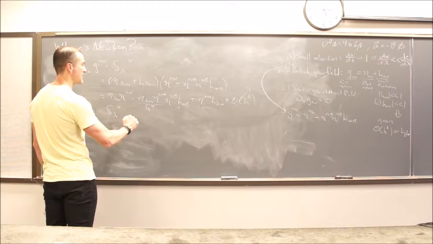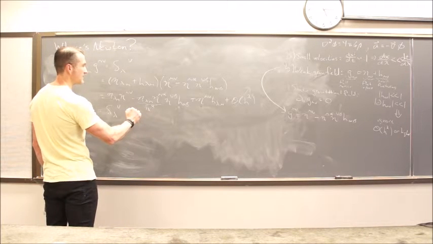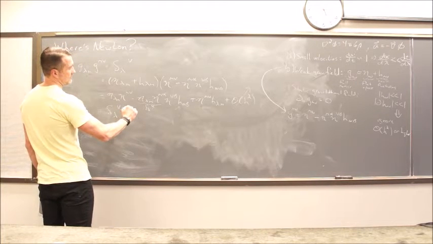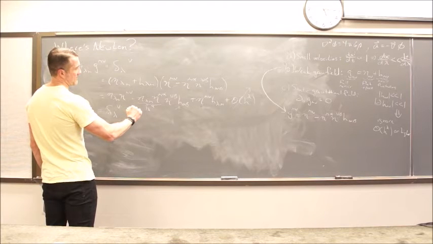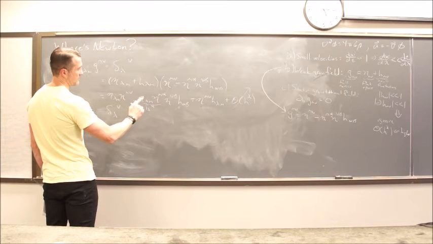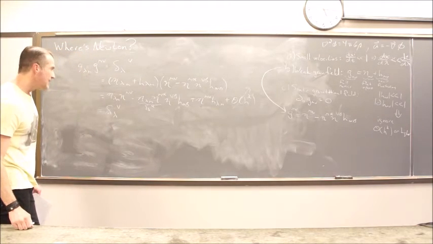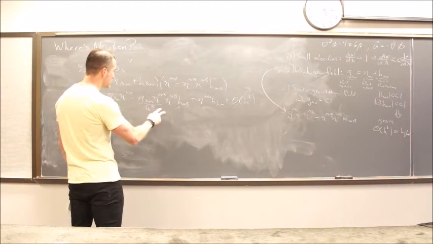Did I do that right? Lambda alpha, mu, beta, alpha, beta. Are deltas commutable? Yeah, I can move this anywhere I want.